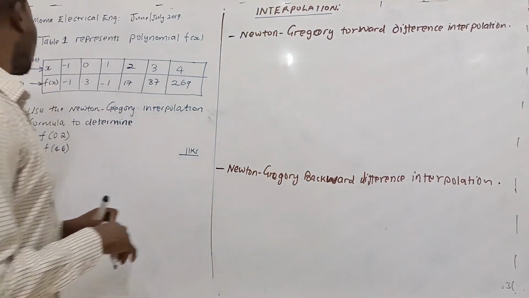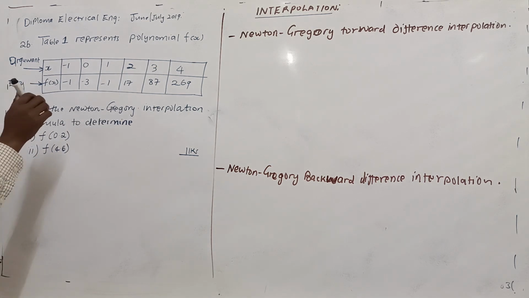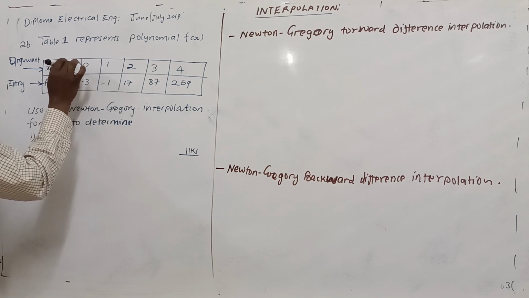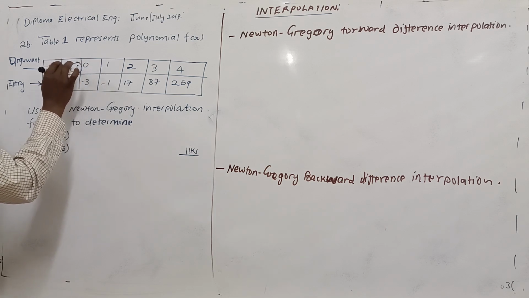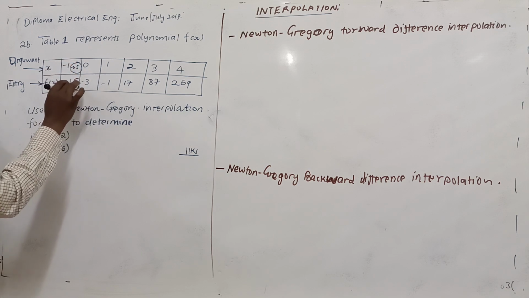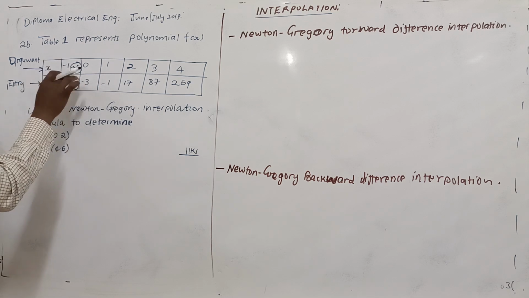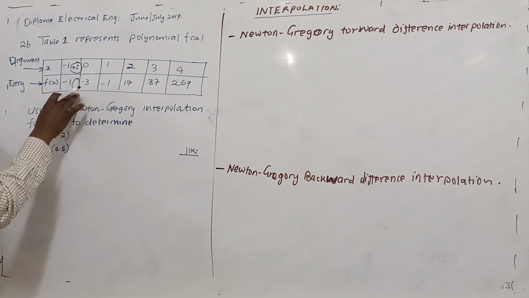Now, we're talking about the argument and entry. Let's say we are given the value of the argument here, negative 0.5, and we are supposed to get the unknown value of y, or the unknown value of the entry. That's what we call interpolation.